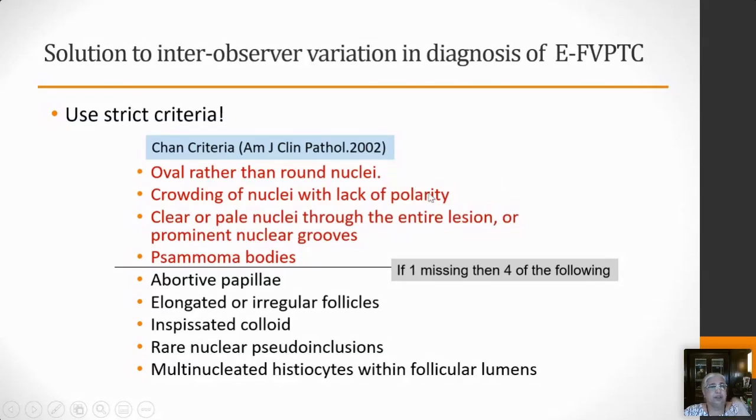That means everything that you expect to see in papillary thyroid carcinoma in the nuclei should be present. So he had primary criteria and secondary criteria, and you can read them over here. The usual crowding of the nuclei and clear or pale nuclei throughout the entire lesion, prominent nuclear grooves, Psammoma bodies. If one was missing, then you had to have 4 of the following be there. So use strict criteria.